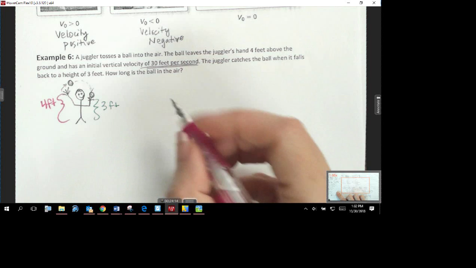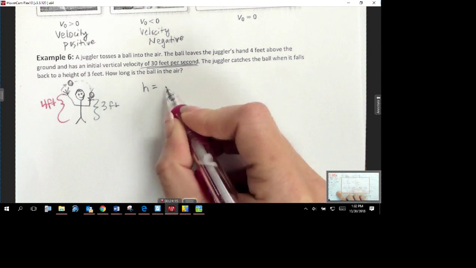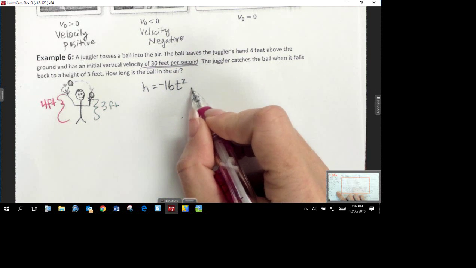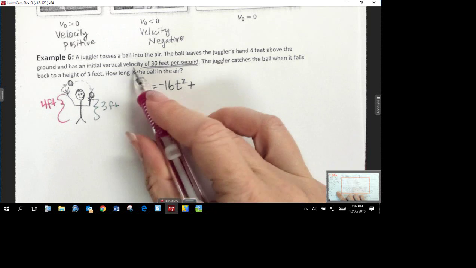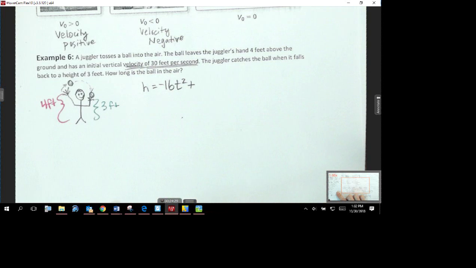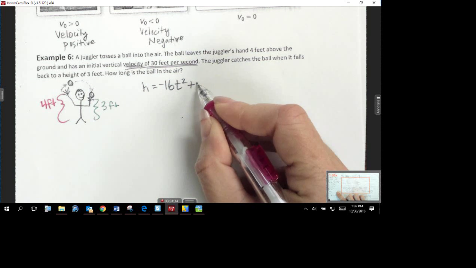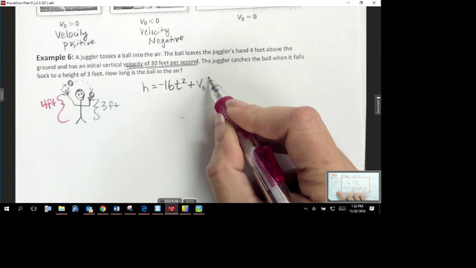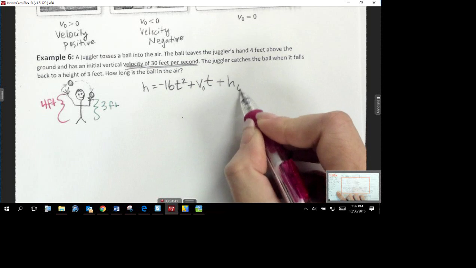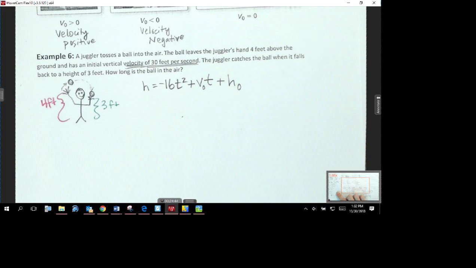So I'm going to use this formula that we were just given. H equals negative 16t squared. Do we need the velocity part? Did they tell us it was velocity, or did he just drop the ball? He's throwing it, right? So plus we're going to have our velocity, v sub 0, multiplied by t, which you'll notice that my t's are curly because I want to know that it's a t, not a plus sign, or vice versa.